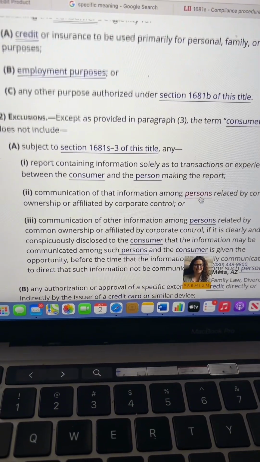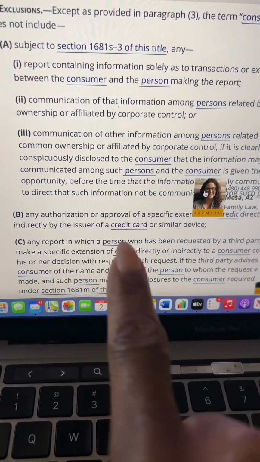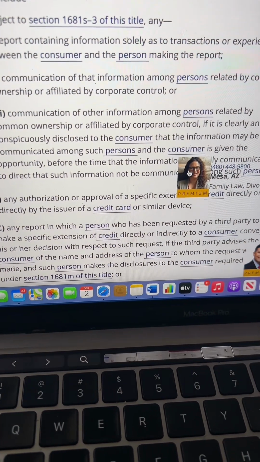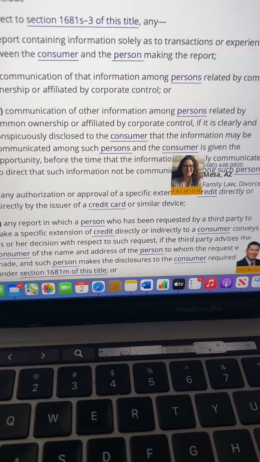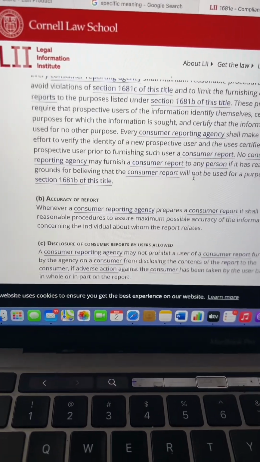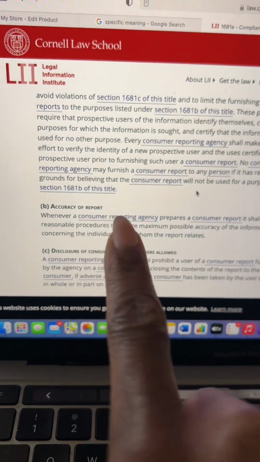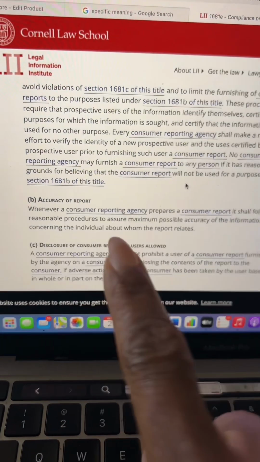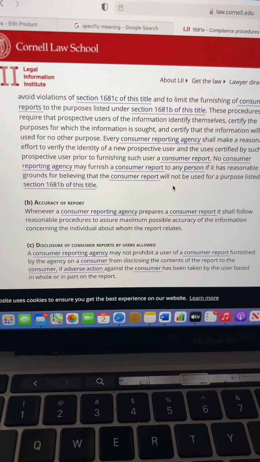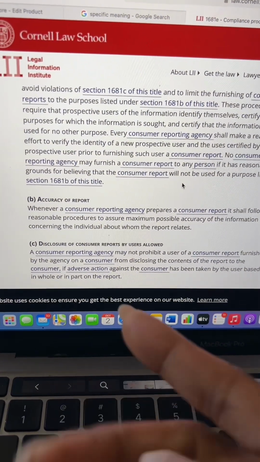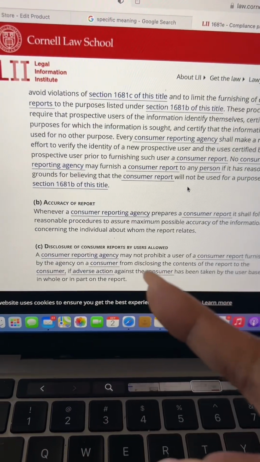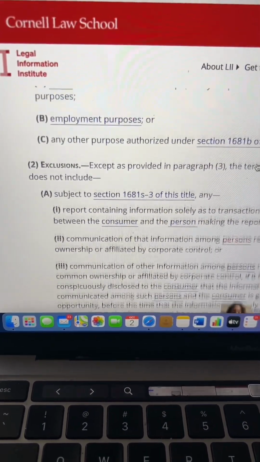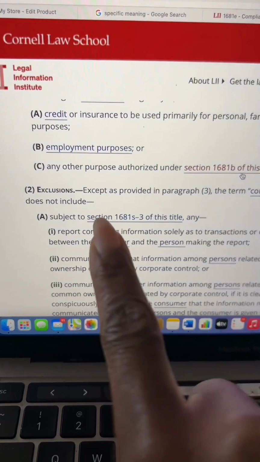Transactions and experiences, any authorization for the approval of an extension of credit. This is what you include in your letters. Explaining, let's go back to this one, the accuracy of report, explaining that they're not following reasonable procedures. This is what you tell them. How could they be following reasonable procedures when the law tells you this information is not included on your consumer report?